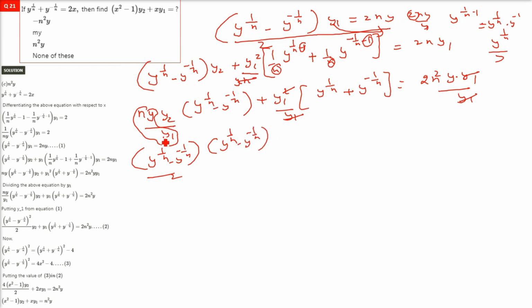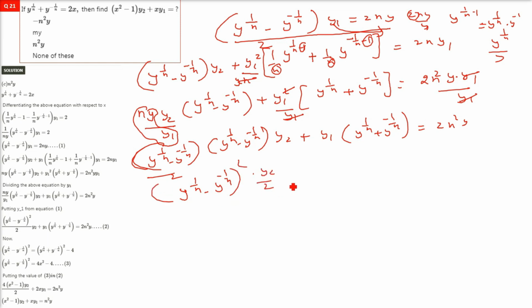So we have replaced this, y raised 1 by n minus y raised minus 1 by n into y1 equals 2ny in this step. The rest remains like that. y1 was there, this term with plus sign, and on the right hand side y1 is already eliminated now. So these are two similar things, so we can just square it. y raised 1 by n minus y raised minus 1 by n whole square. This is y2 by 2.